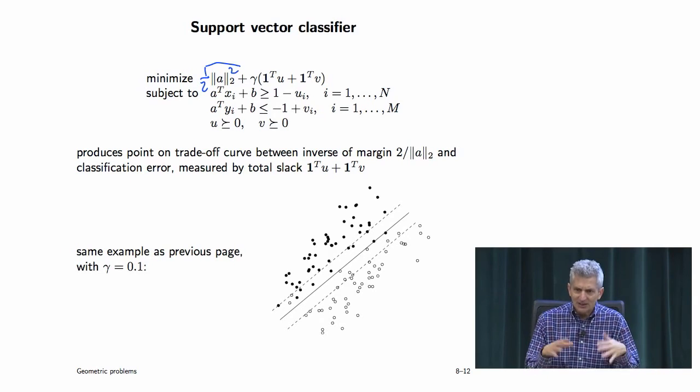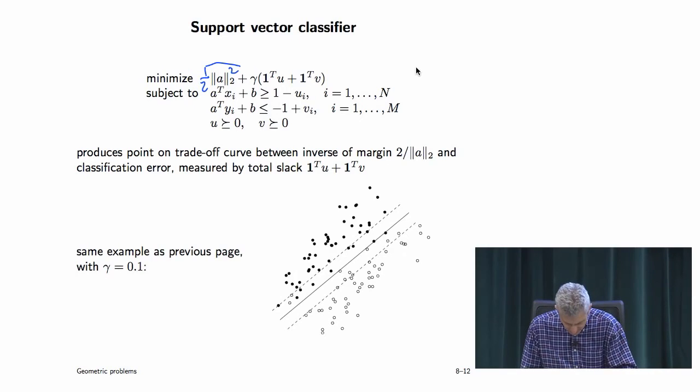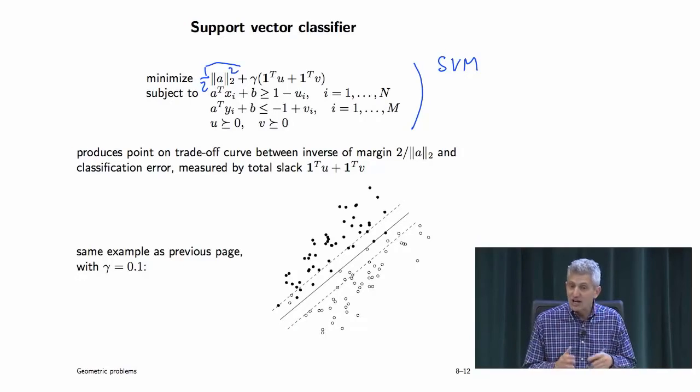Everybody kind of seeing all these things go together? For people who've seen this before, that's fine. You may not have seen the full geometric interpretations, but now you have. So it's actually kind of cool. This is given the name support vector machine. Here you have a parameter, and the parameter is very simple. It trades off, and I'll describe it geometrically. There are statistical interpretations of all of these.